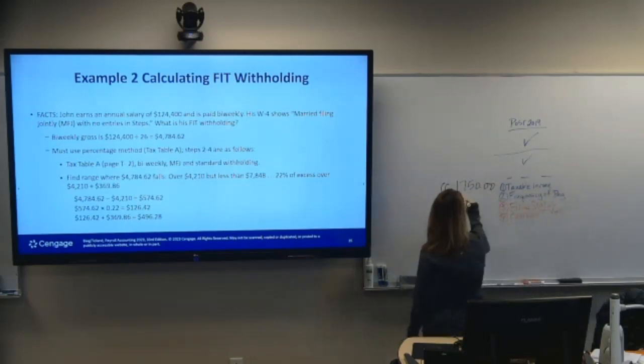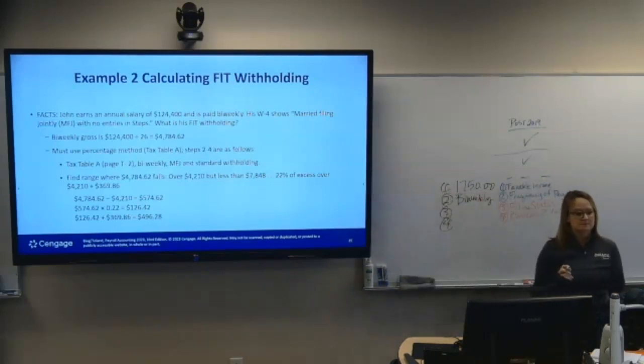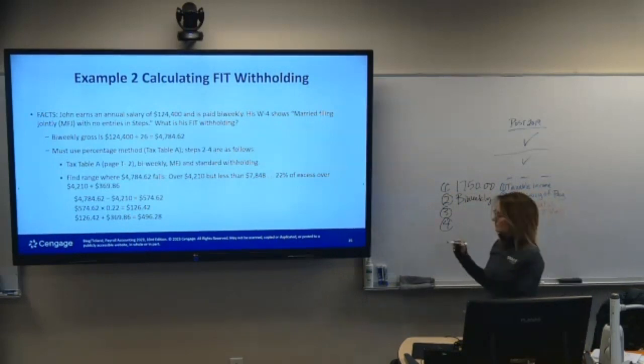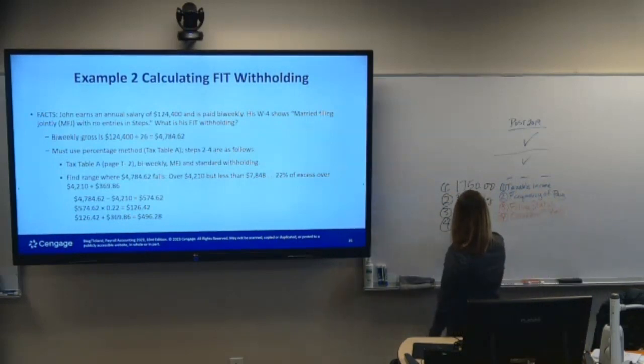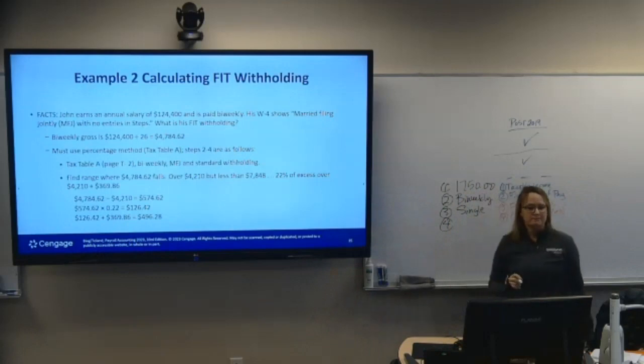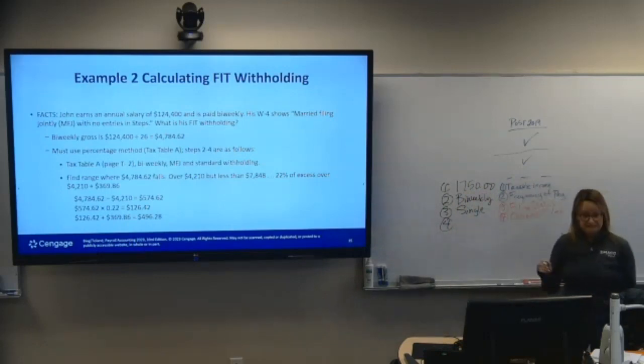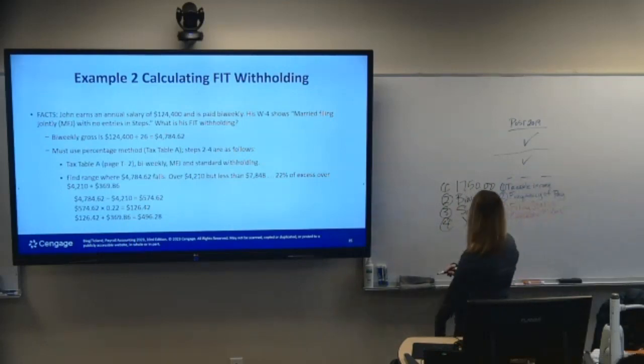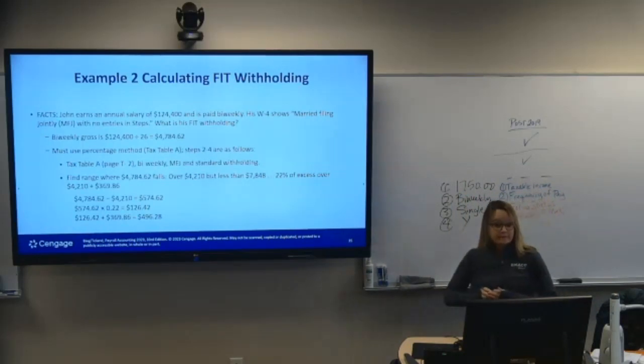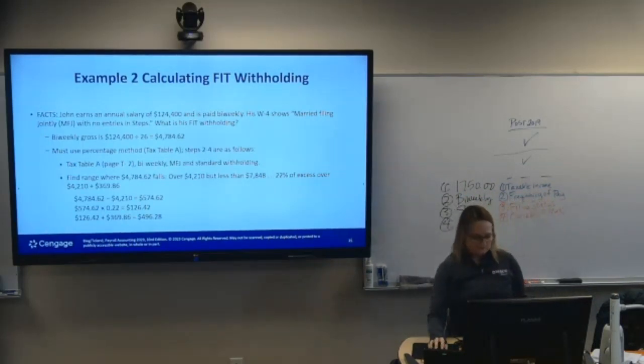Biweekly. Filing status? Married. Single? Is that okay? Checkbox, yes or no? Yes, okay. All right, so using your tables, take a look and see if you can find what the answer is, how much withholding there would be.